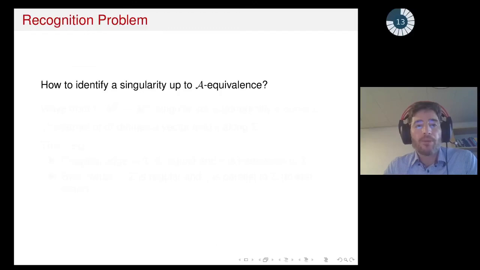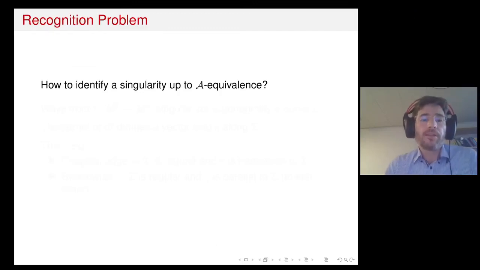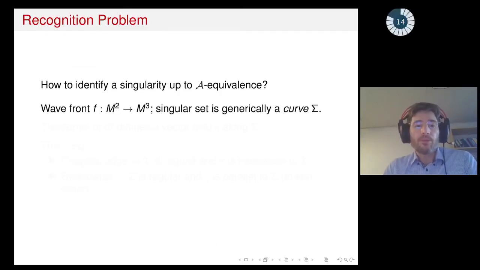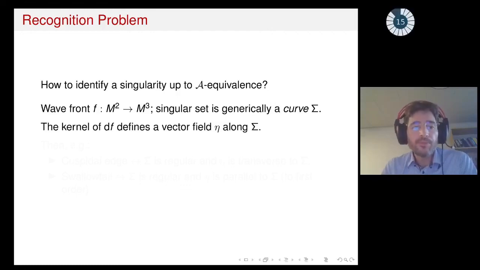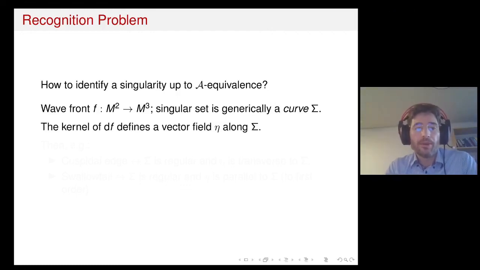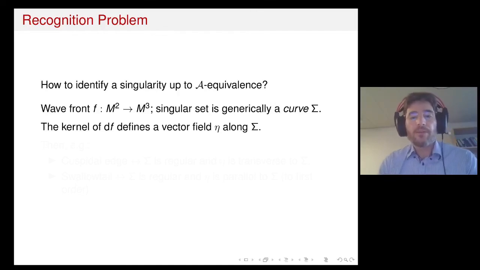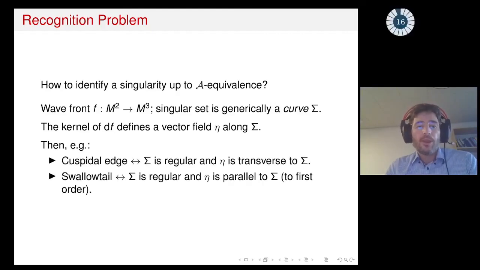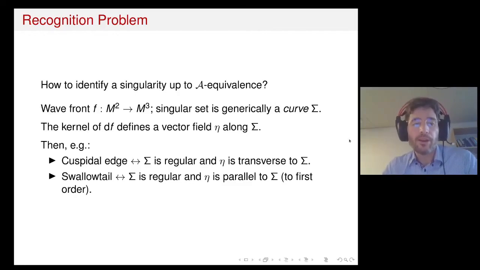So how about recognition of singularities? With wavefronts, the singular set is generically a curve. Let's call it sigma. And the kernel of df generically defines a vector field eta along the curve. And you can use these two pieces of information to identify the two generic singularities.